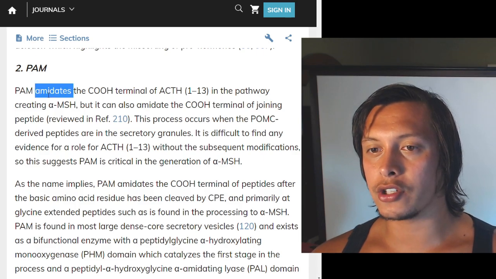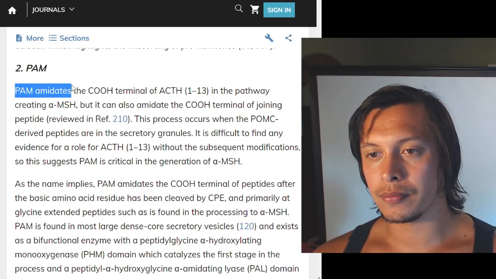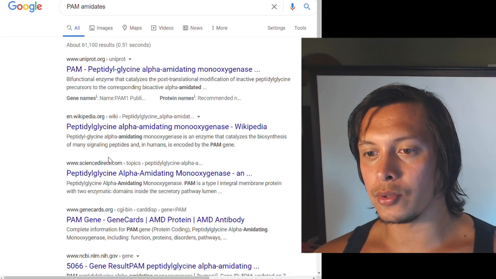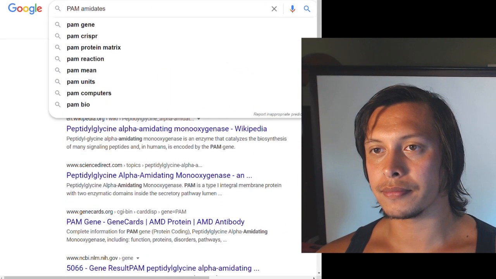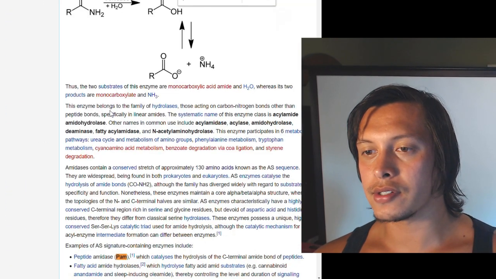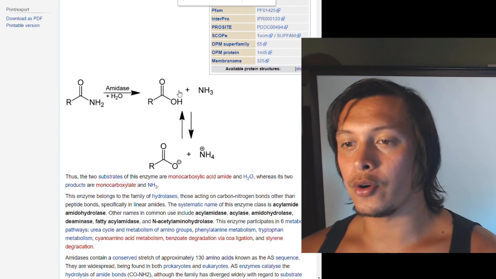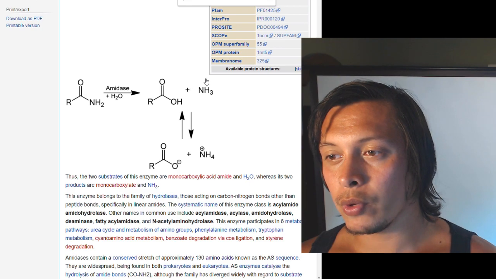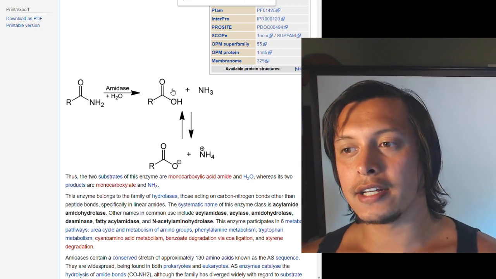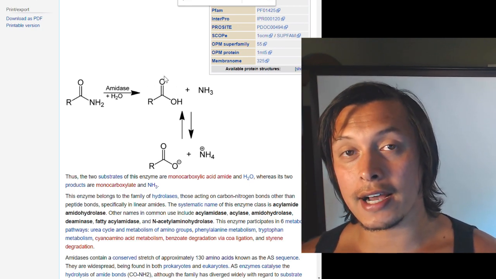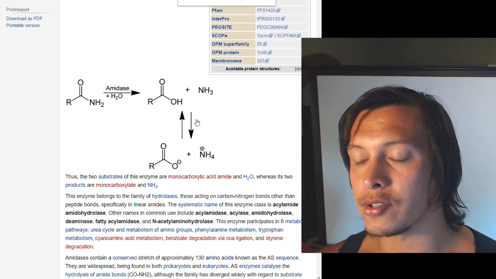Let us look. What I could do is go back to this group right here. Here we have an ammonium, and here is an acid group, a carboxylic acid group.